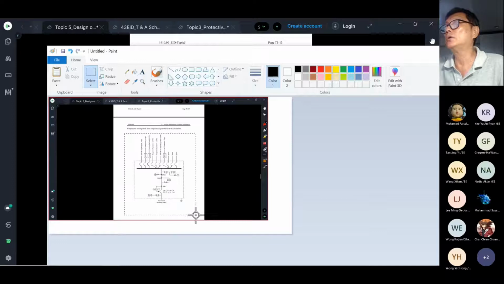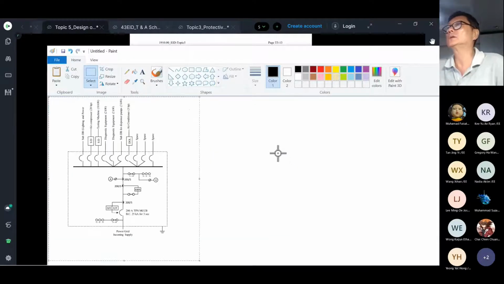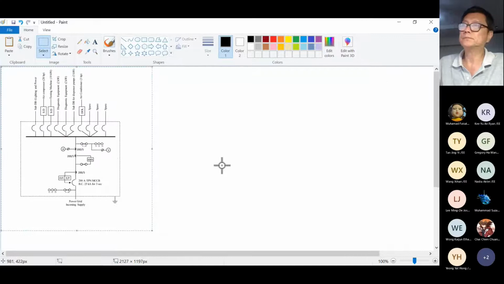So I can borrow this template, and then I must change the relevant information.